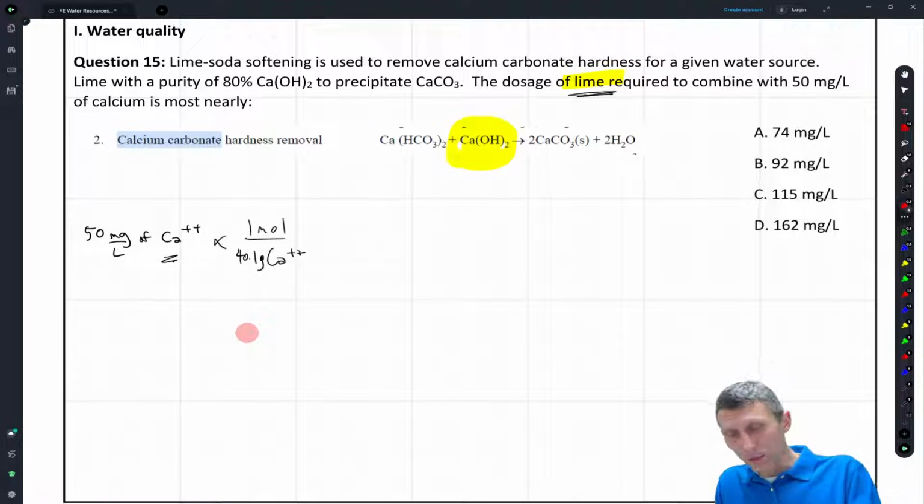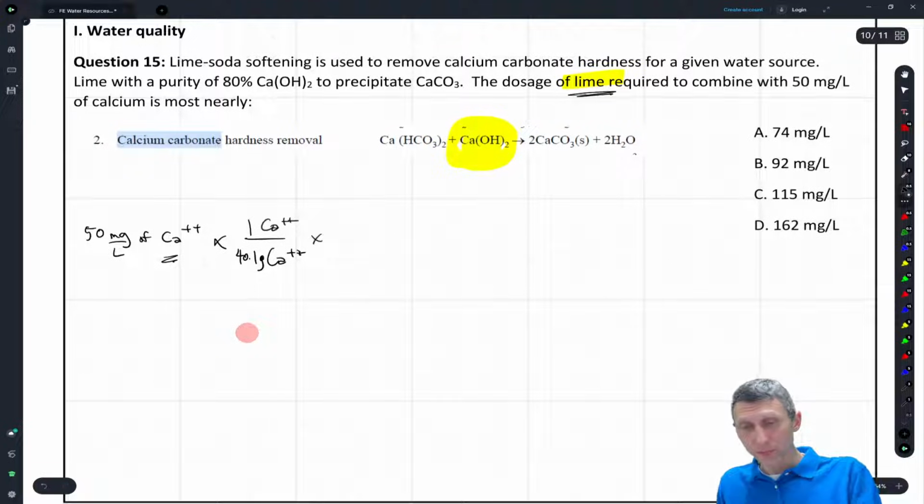Actually, let me keep the calcium here as well. So we have 1 mole of calcium is 40.1 grams. Now, what are we doing? For every mole of calcium that we start with, we need to add 1 mole of calcium hydroxide.